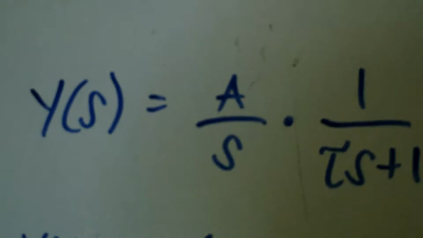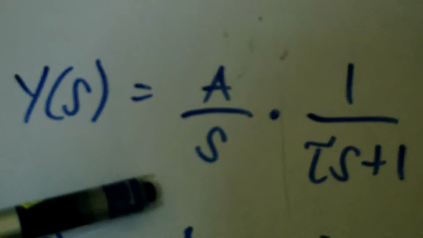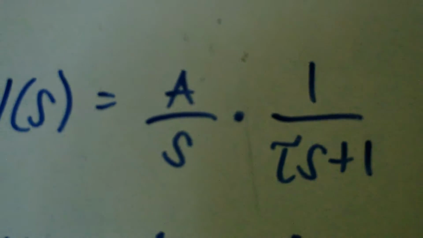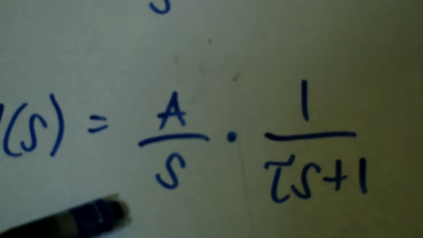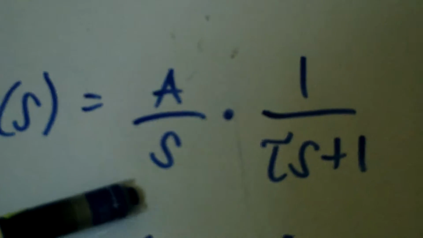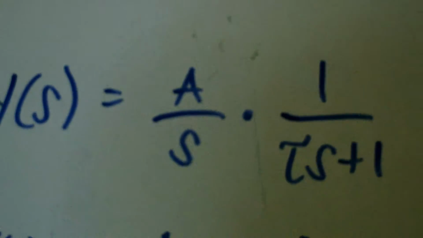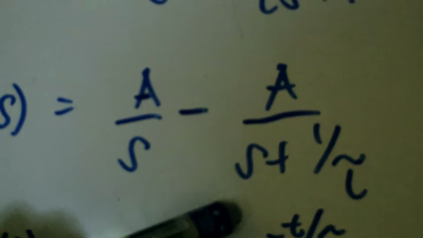Again, you have to review partial fraction to solve this problem. I'm not going to discuss partial fraction anymore, as I am testing you on how to solve this using partial fraction. So the result would be Y(s) equals A over s minus A over s plus 1 over tau.